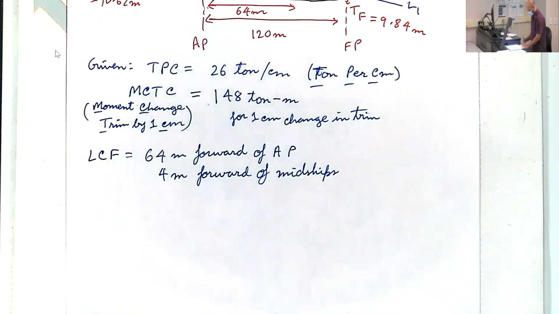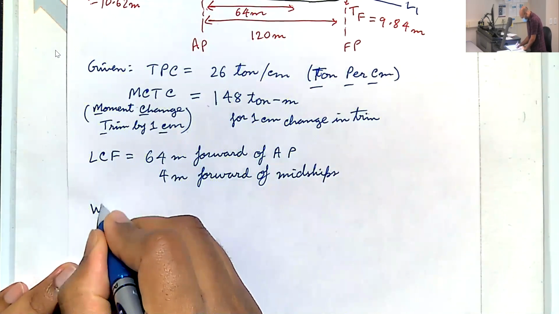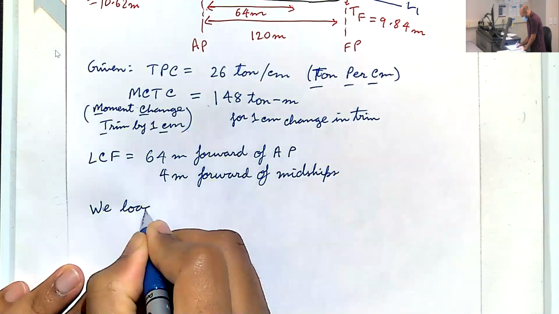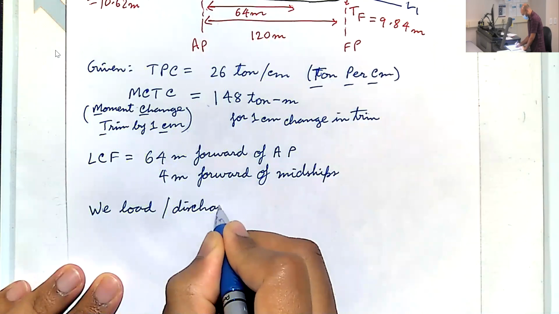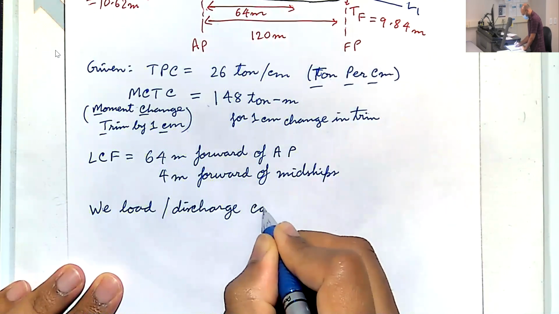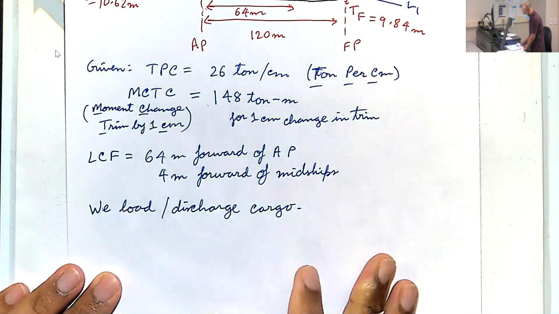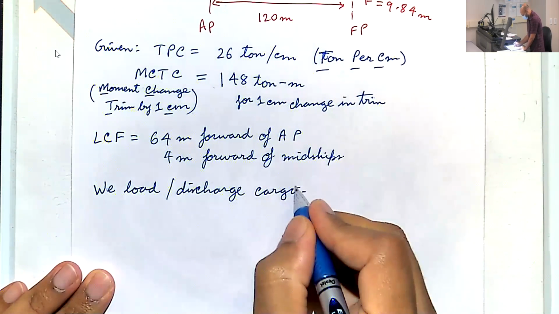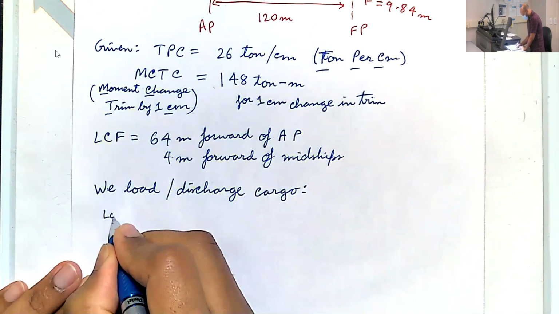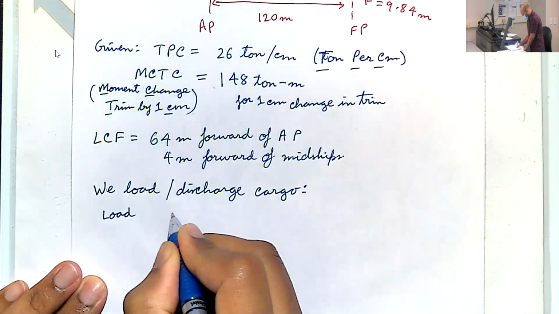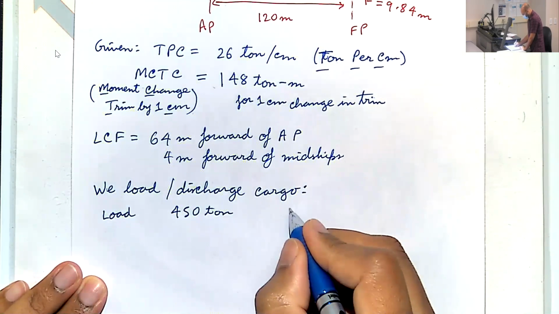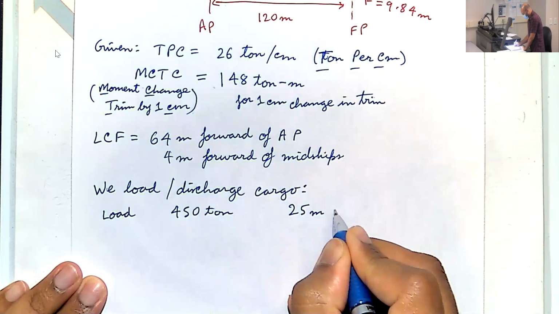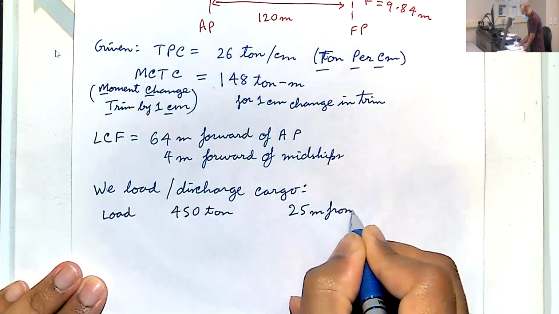Then we're told we load and discharge cargo. How much? We load the first container, which is 450 ton. We load it at 25 meters from AP.